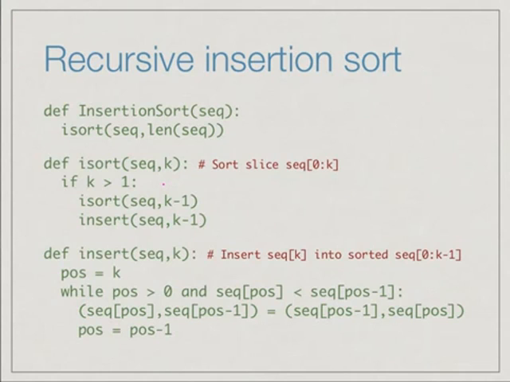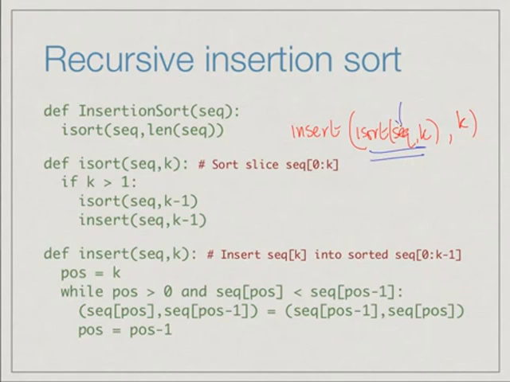So we insert the last position into the inductively sorted slice excluding the last position. So here is a recursive definition of insertion sort in Python. The natural thing in Python or in any other language would be to say that we want to insert the last position into the result of sorting the sequence up to but excluding the last position. But the way we have written our insertion sort, this function does not return a list.